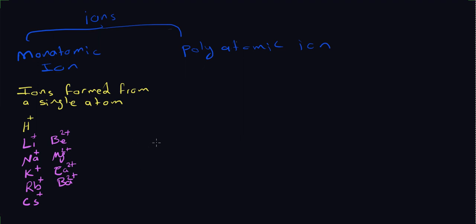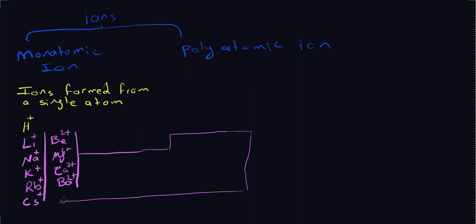And also we have examples from the periodic table. This part is positive and the right of the periodic table is negative. So I'm going to give you some examples of negative ions.